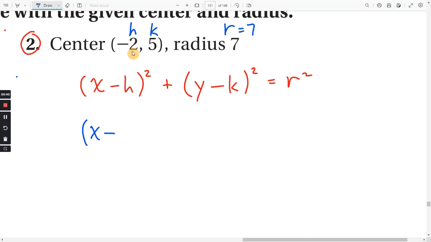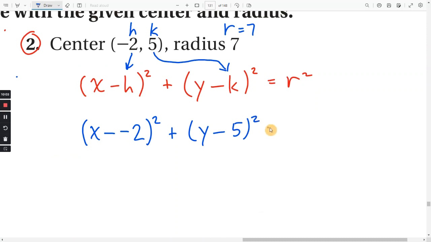So for the value of h, we're plugging in -2, but it's minus -2, and that gets squared. And then y minus k, k is going to be 5, so y minus 5, and that gets squared. r squared is going to be 7 squared.